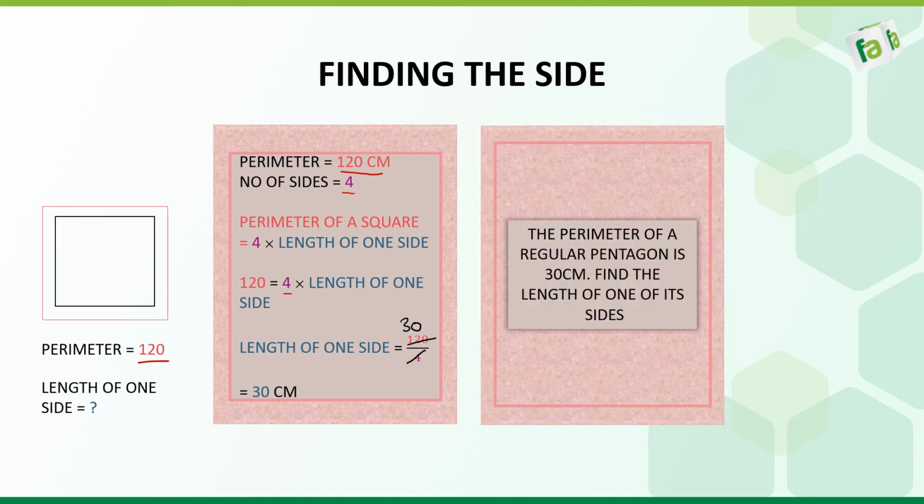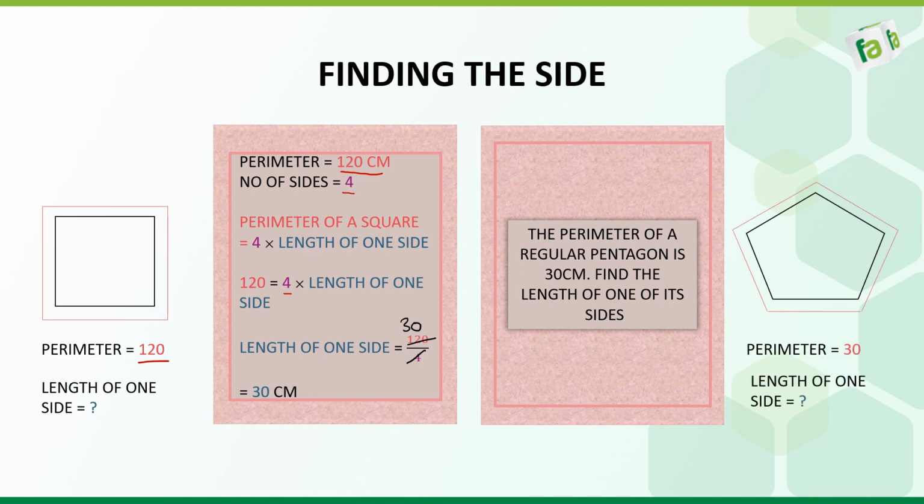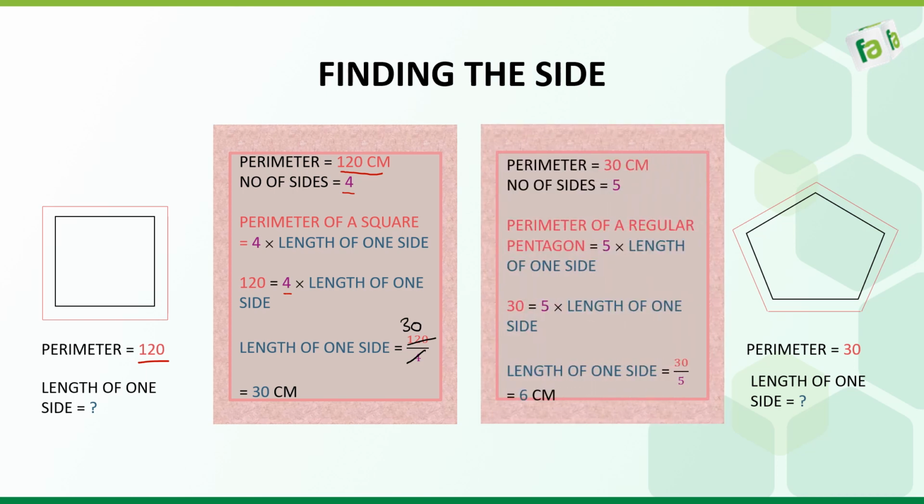Let's find the side of pentagon. Perimeter of a regular pentagon is 30 centimeters and we have to find the length of one of its sides. Let's find the answer. Perimeter is 30 centimeters and number of sides of pentagon is equal to 5.